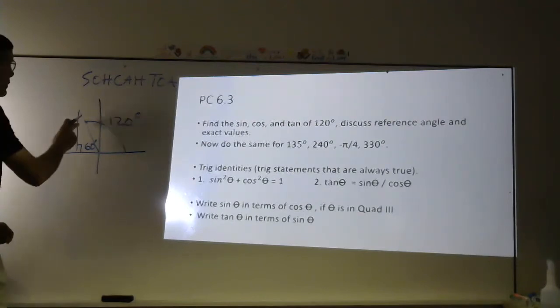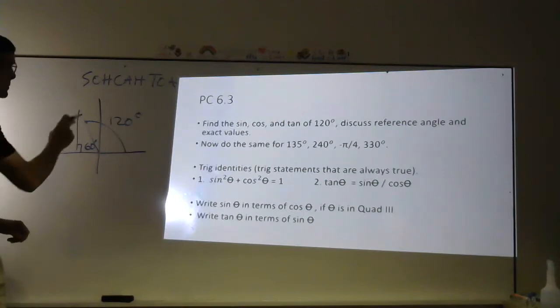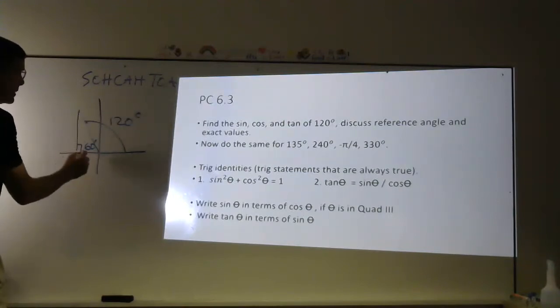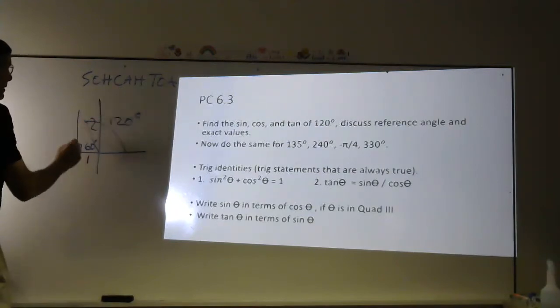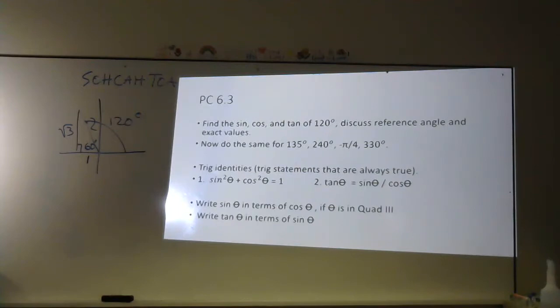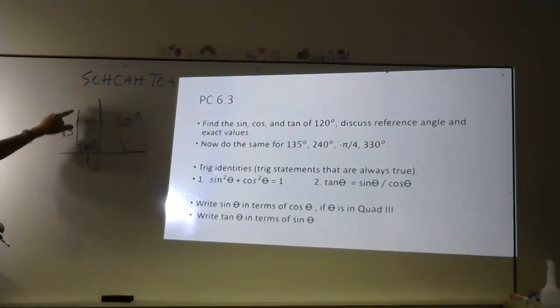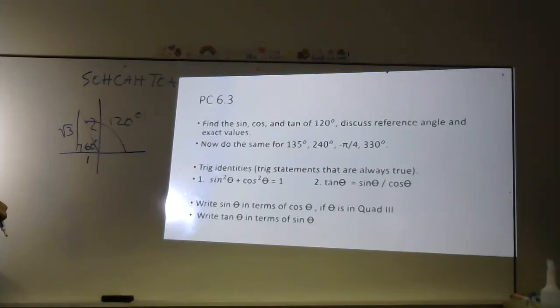You know, for a 30, 60, 90 triangle, the little side is 1, the hypotenuse is 2, the longer leg root 3. So if I want the exact values here, the sine of 120 is the sine of 60. The sine of 60 is root 3 over 2.